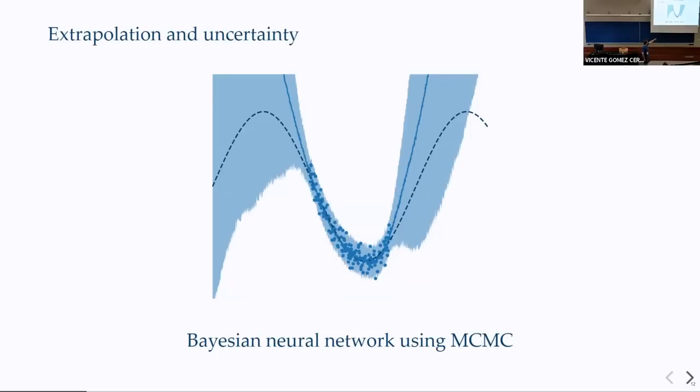And what does it do? Well, near the data, the uncertainty that it gives is very similar to the Gaussian process. And then away from the data, it's a little bit not so smooth. It's not entirely clear why, but people use these. They're out there in the literature, and that's another example to think of.